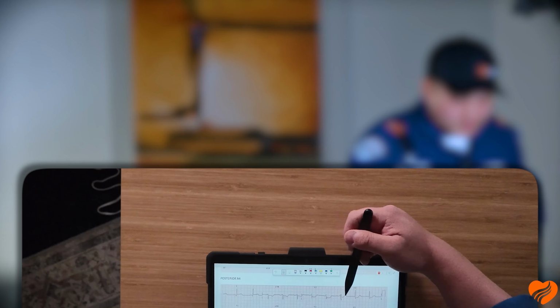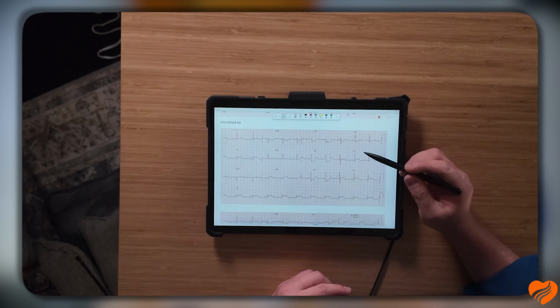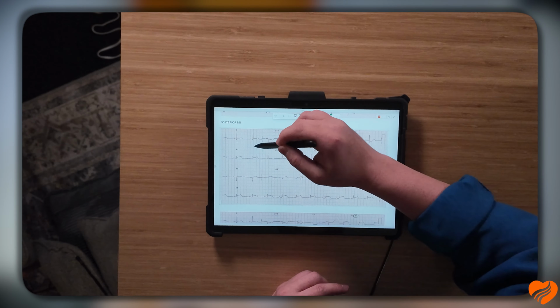All right, and now for me, I feel like this has been drilled into my brain quite a bit, but if you have any ST depression in leads V1 and V2, you definitely should be suspicious of a posterior MI, right? Let's take a look at that. In this patient, there is kind of obvious ST elevation already, right?